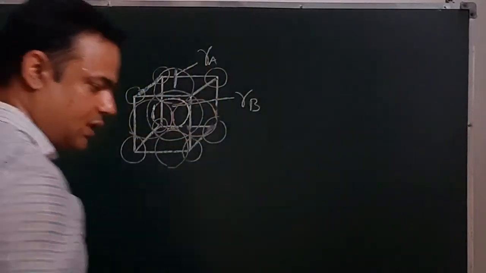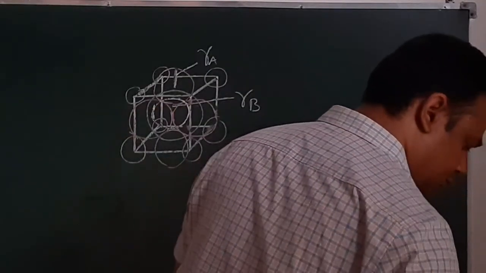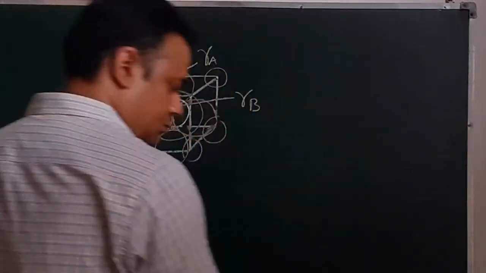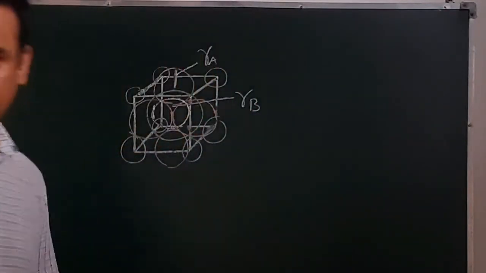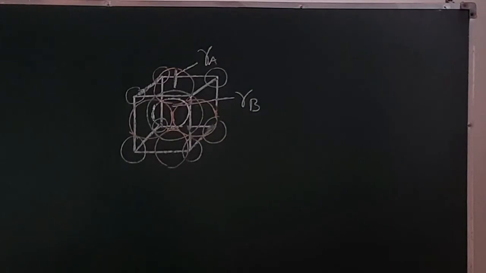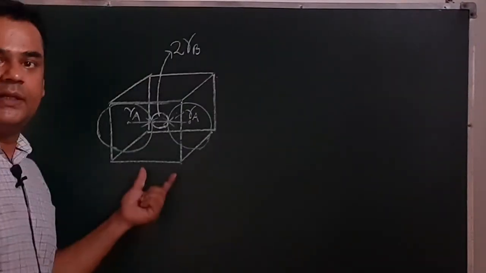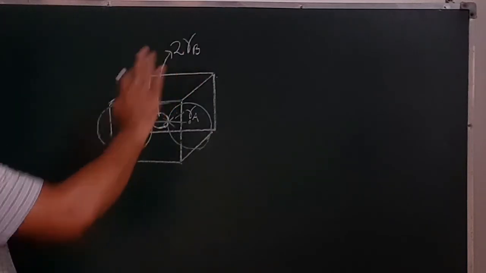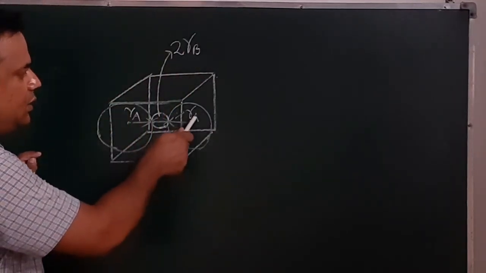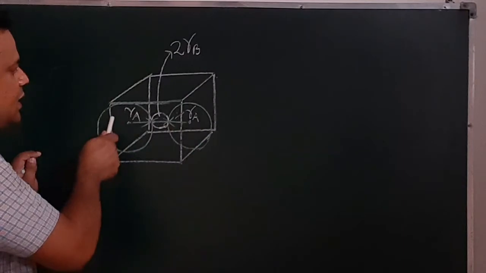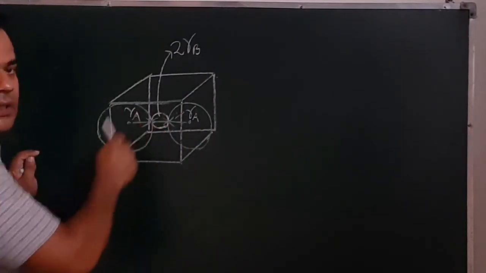Now we start our calculation. In this structure, we have simplified the structure. We have taken only the constituent particles of this face, and this octahedral void.